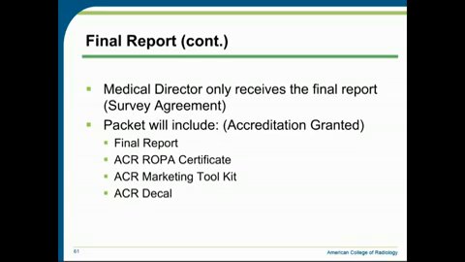You can find out if you are accredited on the ROPA site when you log on, or in the accredited facilities search section, which I showed you in the beginning. And also in the packet, if you're accredited, you'll receive the final report, an ACR certificate, marketing kit, and some decals.